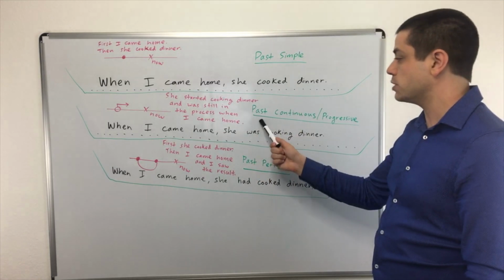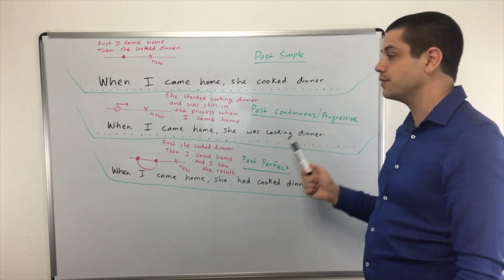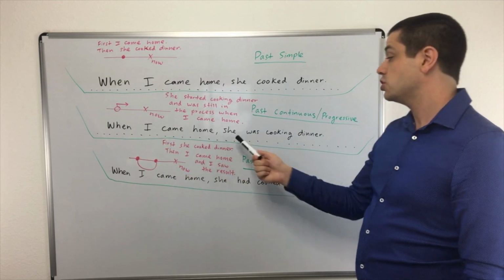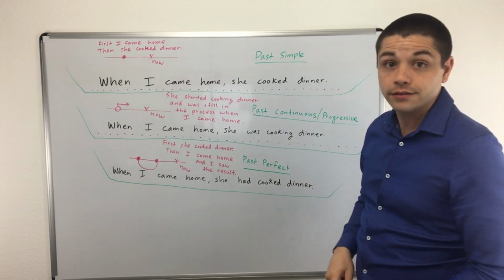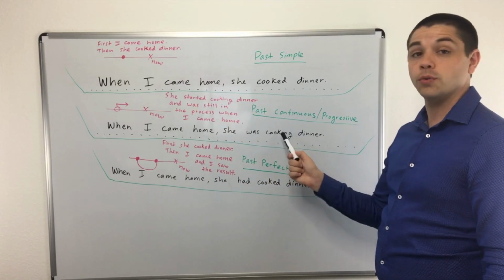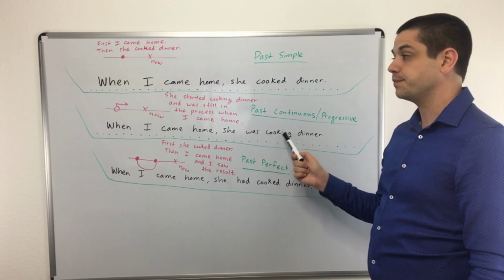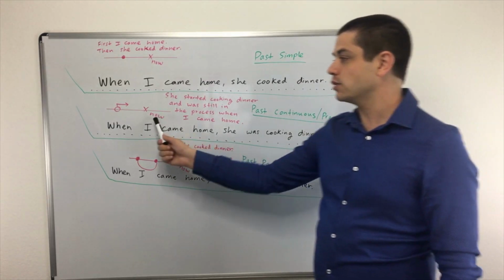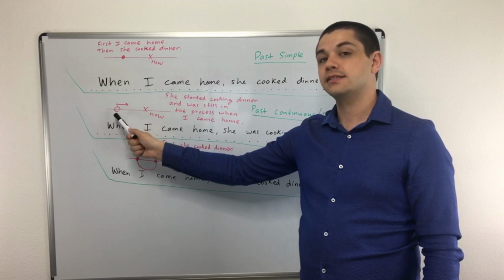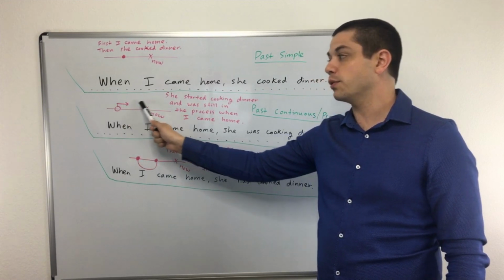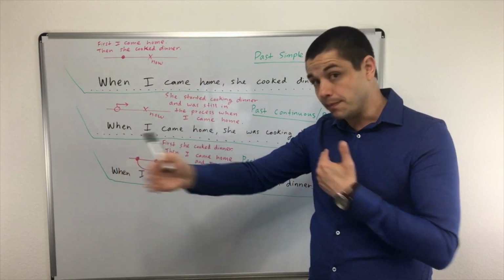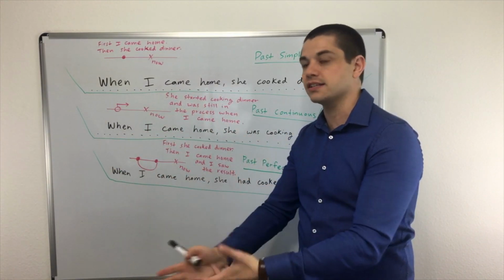Now, when we use past continuous or past progressive, it looks a little different. We can say, when I came home, she was cooking dinner. So first we have past simple and then past continuous or past progressive. Was cooking. And this is what it looks like on our timeline. Before now, there's a process, right? And this process goes forward in time. It moves forward ahead from the past towards the present.